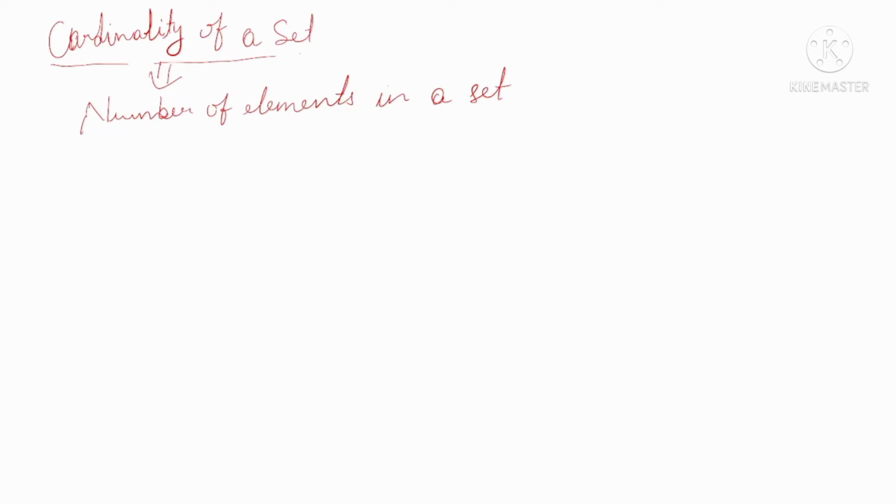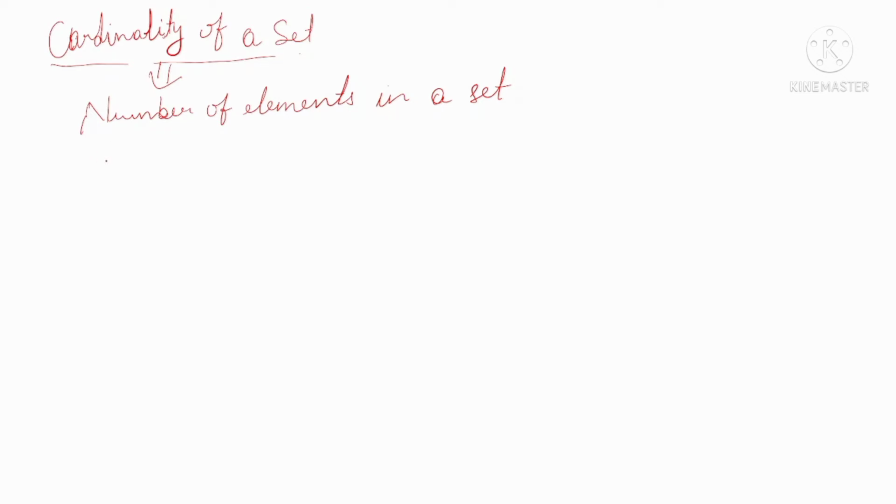For example, if in any set 4 or 5 elements are there, then those numbers will be cardinality.